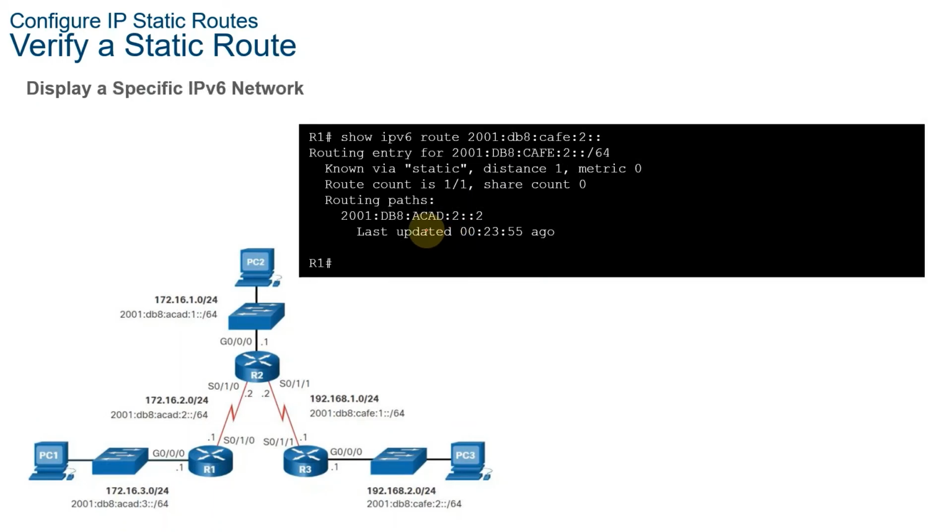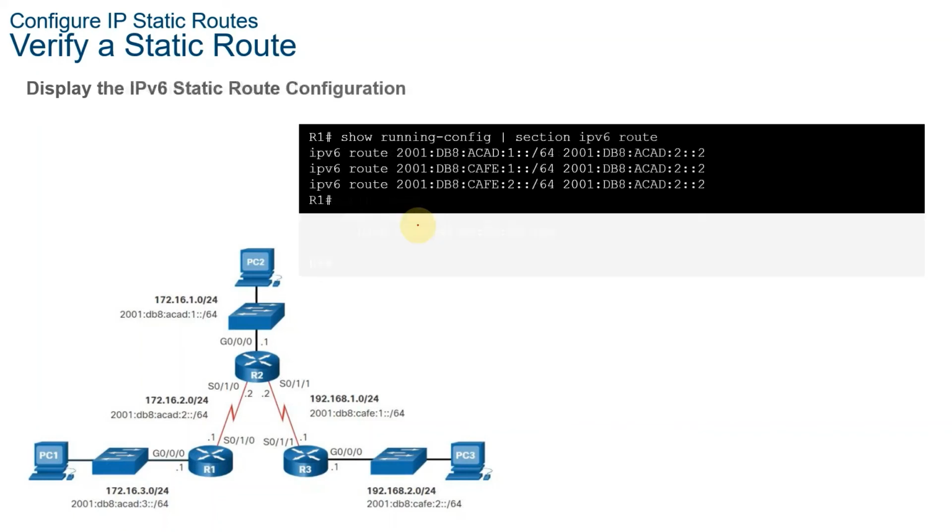Next, how about displaying a specific IPv6 network? For instance, show ipv6 route 2001:DB8:CAFE:2::. This command will show output for only the specified network in the routing table, similar to that of IPv4 that we presented earlier.